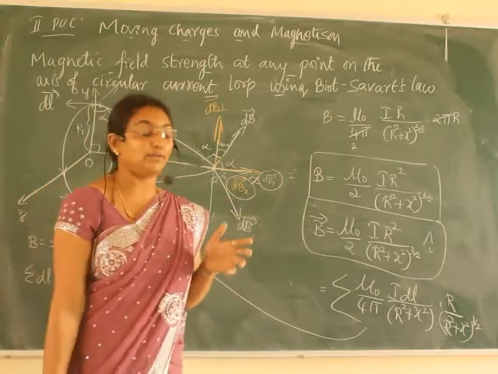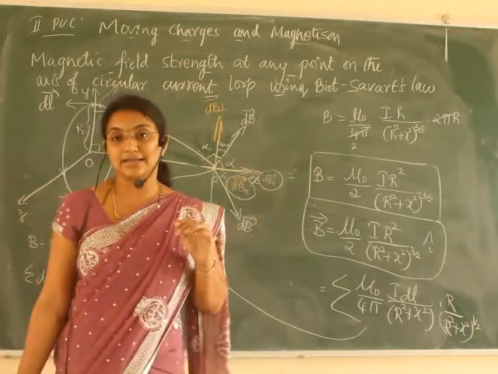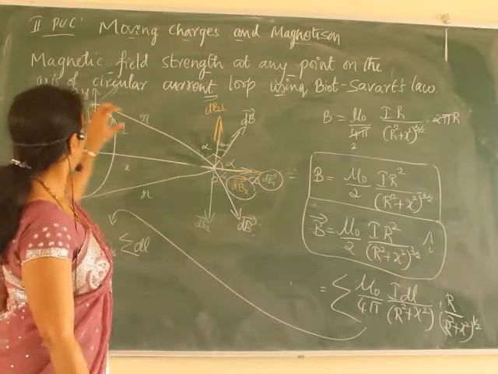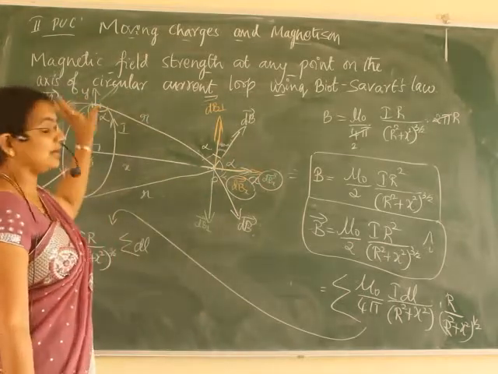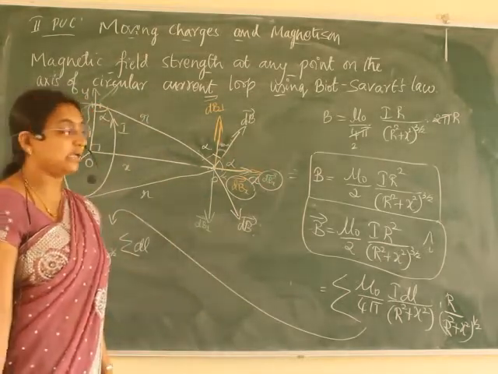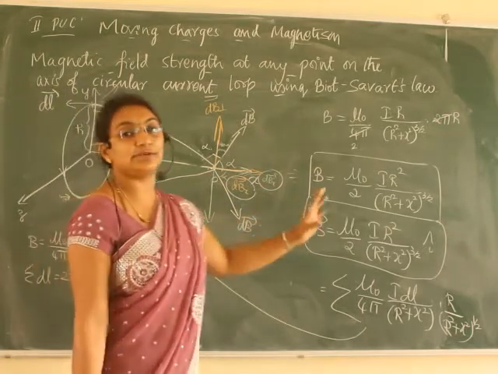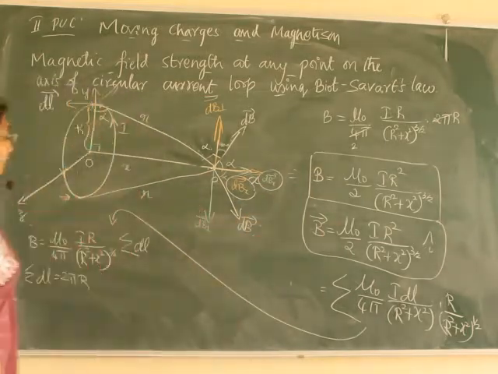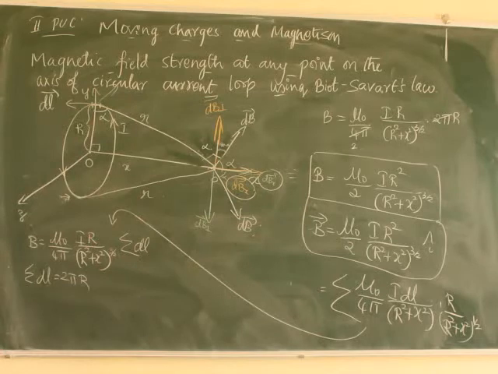Therefore, net magnetic field is only along the x-axis. Likewise, if we consider all the elements, one will get cancelled out with the other, and only along the x-axis it will get added up.